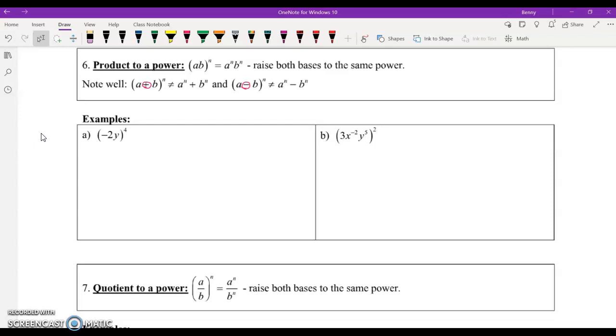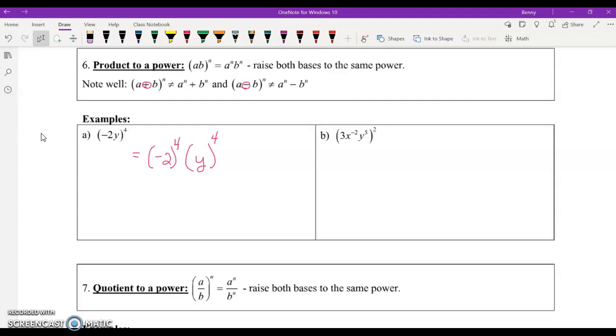So for this case, the way I like to think about this is I have a base of negative 2 in parentheses raised to the 4th power, and I have a base of y raised to the 4th power. So then I can simplify this negative 2 to the 4th power, which is negative 2 times negative 2 times negative 2 times negative 2.